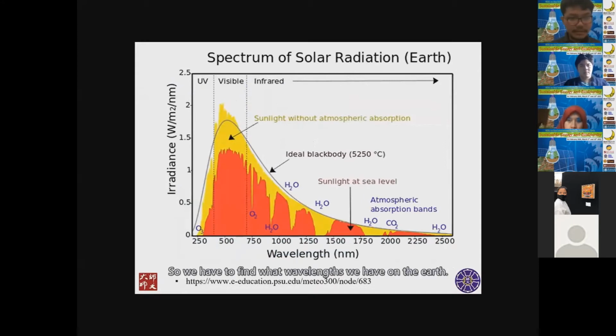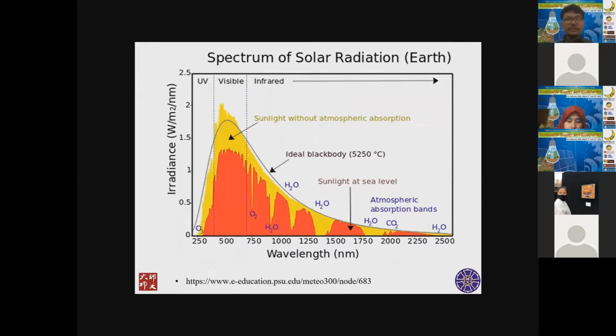So we have the solar wavelengths we have on the Earth. Please look at the picture. The yellow area is the wavelength of light that the sun emits. The red area is what we receive on the Earth's surface. Due to the atmosphere, some of it is absorbed.